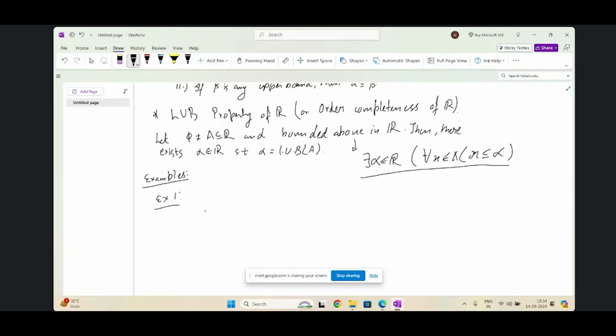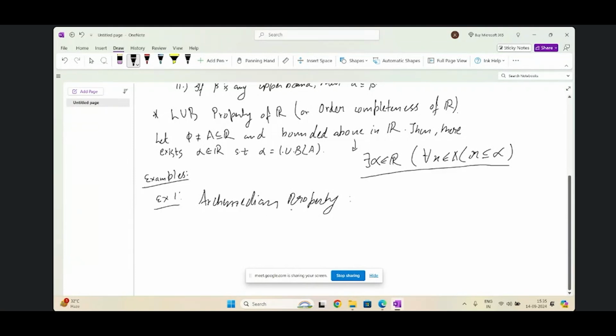Archimedean property. Yeah, very nice. As you all know, the Archimedean property is the simplest property that uses the LUB property, and it is the first theorem in real analysis which is proved by the LUB property.